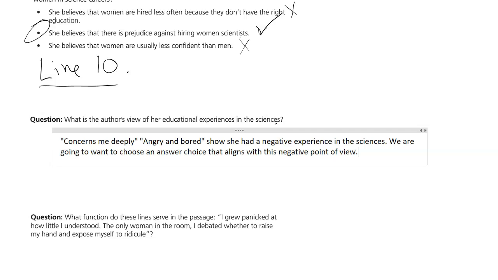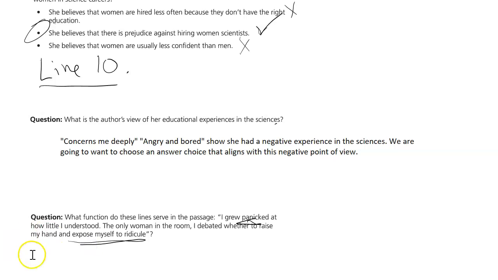Question 3, what function do these lines serve in the passage? "I grew panicked at how little I understood. The only woman in the room, I debated whether to raise my hand and expose myself to ridicule." This is the last couple of lines of the passage, and words like "panicked" and the phrase "expose myself to ridicule" really demonstrate her vulnerability.